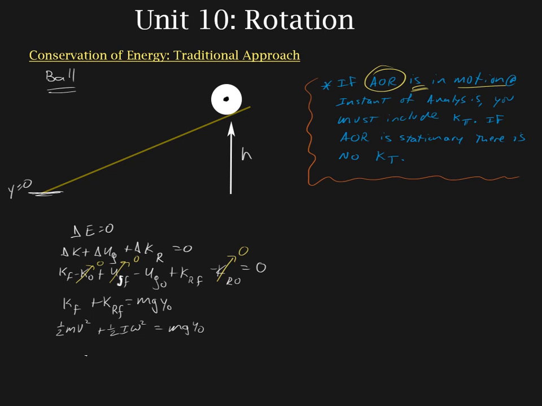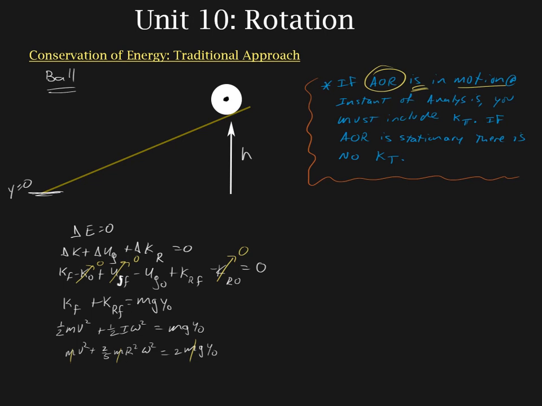I'm going to multiply everything through by 2 to get rid of my 1/2, and so we'll get mv squared plus 2/5 mr squared omega squared is equal to 2 mgy initial. And now we can cancel out the m's rather conveniently.